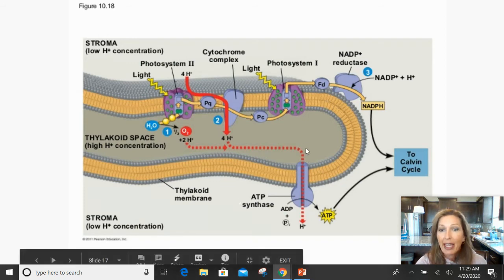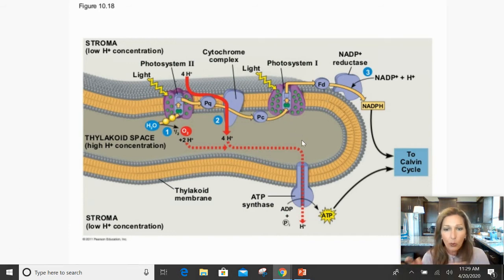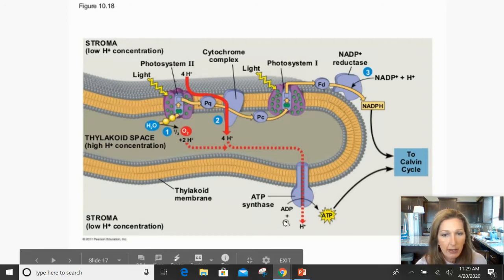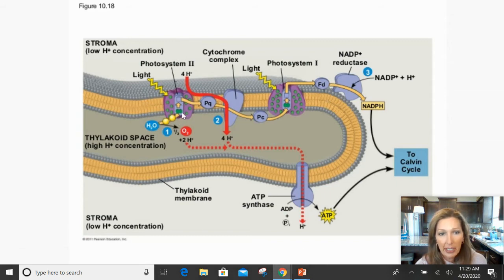So this is where I have my ATP synthase. This enzyme, remember, it's this crank, this wheel, and as those protons flow through, this ATP synthase is now creating ATP.